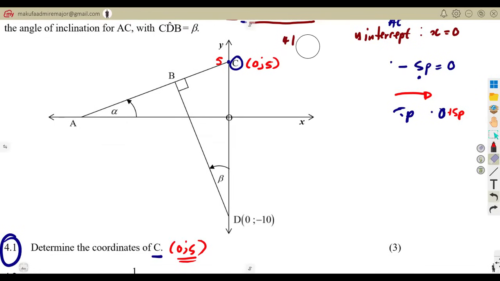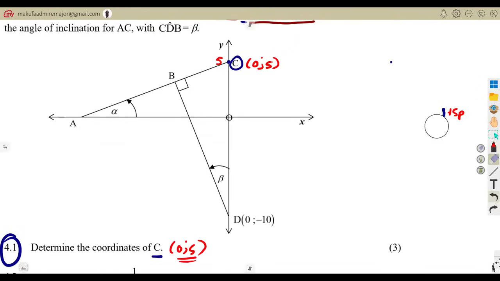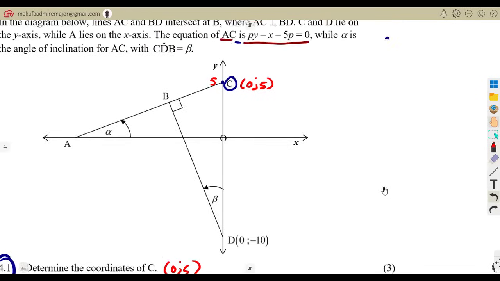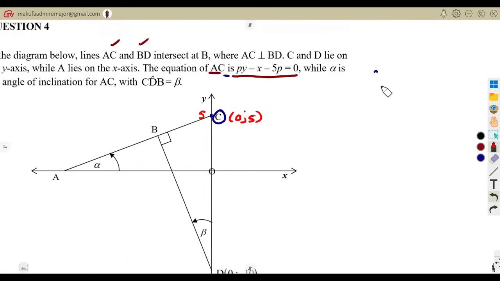Just like that. So guys, they are testing you on this. Can you understand that? Or you could have just manipulated this. Remember, if you write your equation in the form of y is equal to mx plus c, c is the y-intercept. So c is the y-intercept there as a point, but c here in the equation is also the y-intercept.